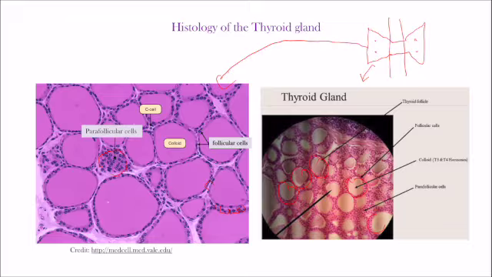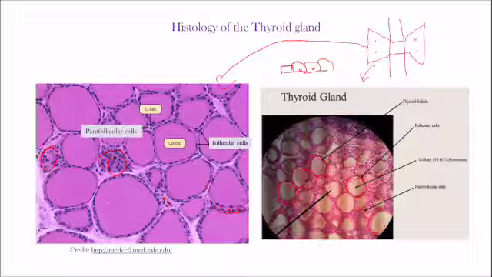The follicular cells are simple cuboidal epithelial cells. What do I mean by simple cuboidal? A simple cube-shaped structure.